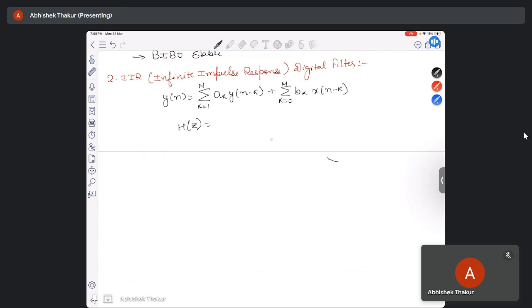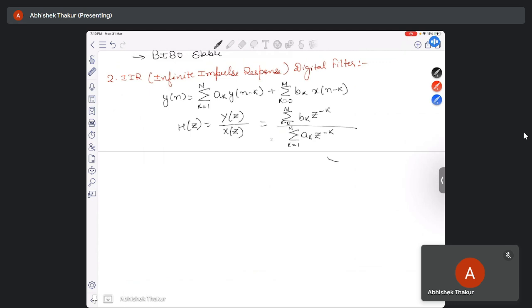When we take the z transform and find the transfer function, H(z) will be Y(z) by X(z). So it will be the summation of the coefficients of x times z to the power of minus k, divided by the summation of the coefficients of y times z to the power of minus k, where in the denominator k is equal to 1 to N and in the numerator k is equal to 0 to M. This is the equation of the infinite impulse response digital filter.